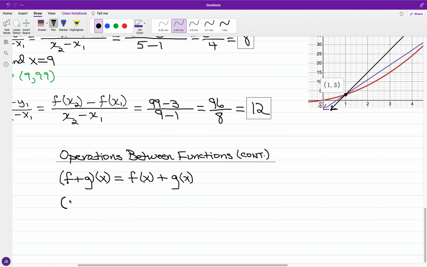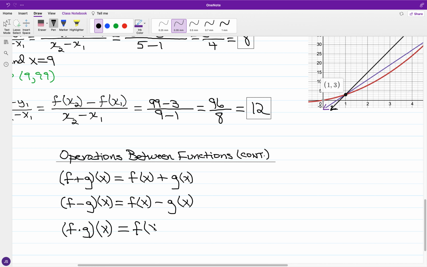And for the difference function, we have f minus g of x, so you have f of x minus g of x. And for the product function, again, we have f of x times g of x.